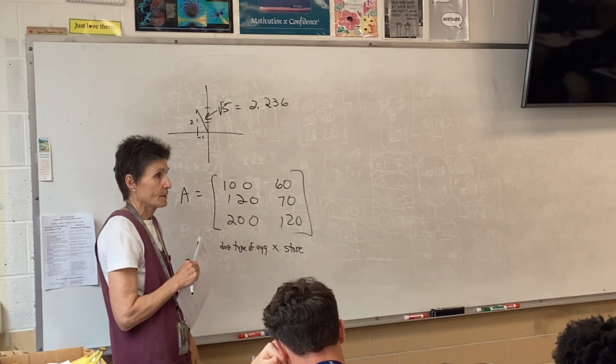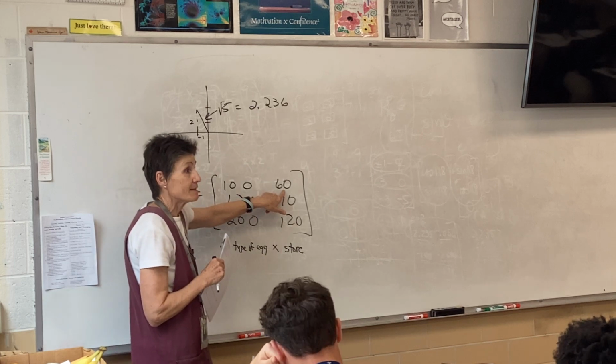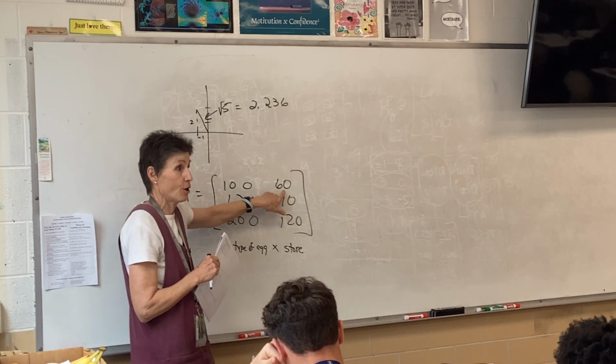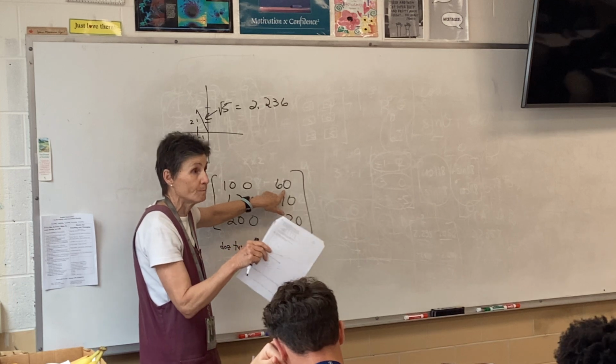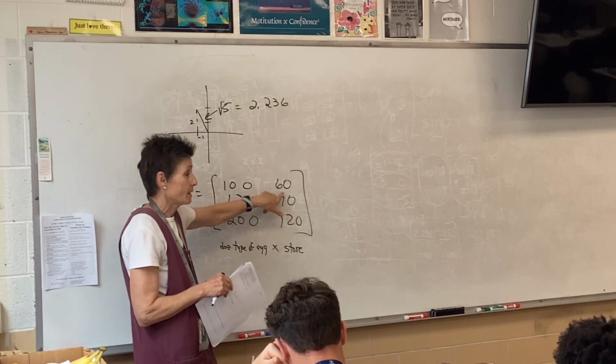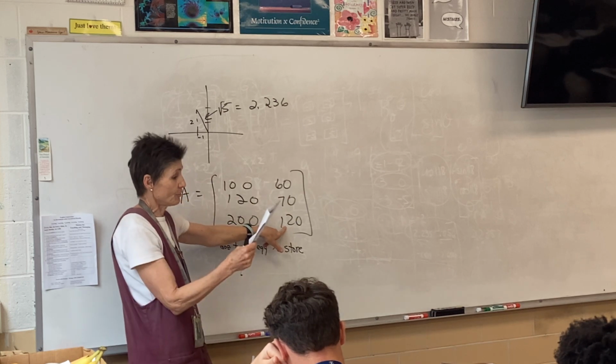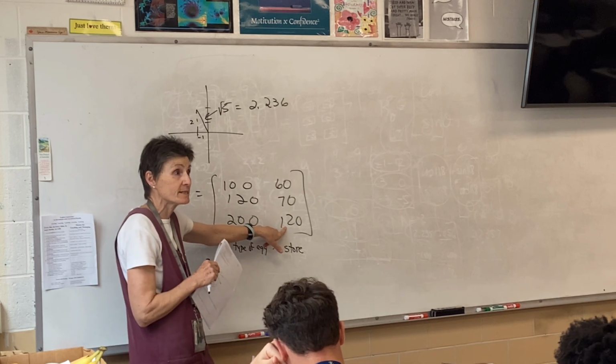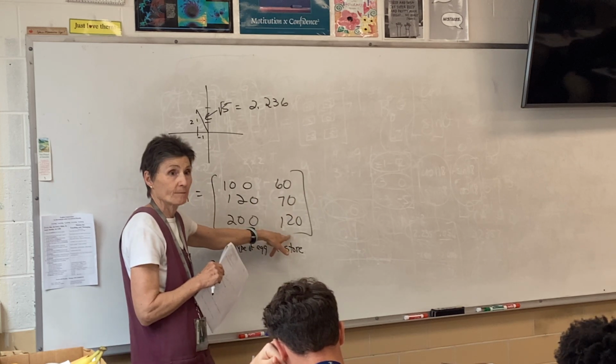This means 60 dozen large eggs were sold to, if this is Kroger, this is Meyer. So 120 is 120 jumbo dozens sold to Meyer.